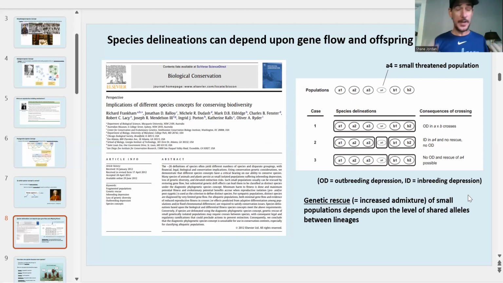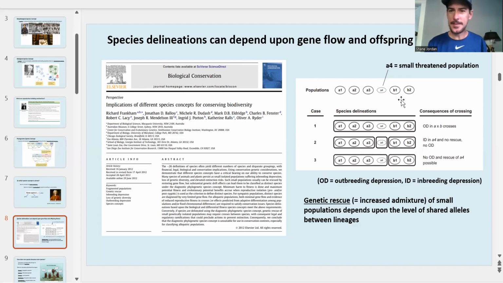And so conservation biologists recognize that there kind of needs to be a stable medium by which we are defining species without putting too many different populations into one species or breaking too many populations apart into many species. And this idea was discussed in this paper from Frank et al. in 2012. Basically, the implications of different species concepts for conserving biodiversity turns out to be kind of important.